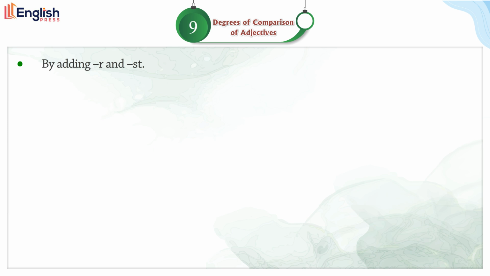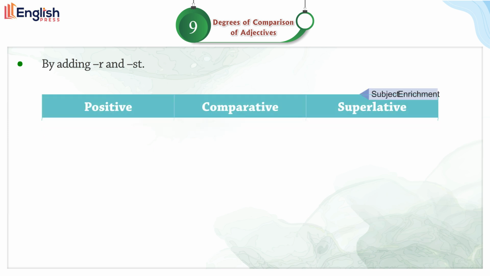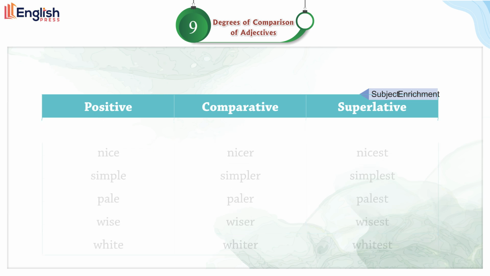By adding r and st. Positive, comparative, superlative: brave, braver, bravest. Fine, finer, finest. Close, closer, closest. Able, abler, ablest. Large, larger, largest.